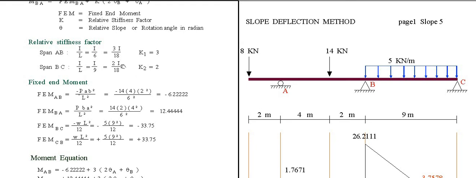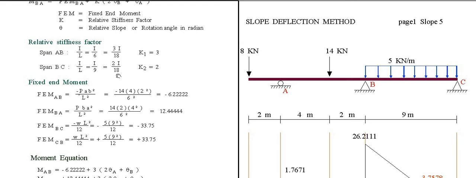Now we choose the least common denominator, LCD, so that this LCD is 18. 18 can be divided by 6. 18 can be divided by 9. Okay, so less denominator.